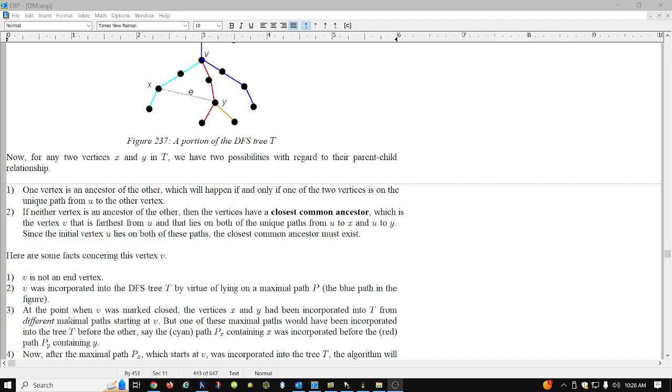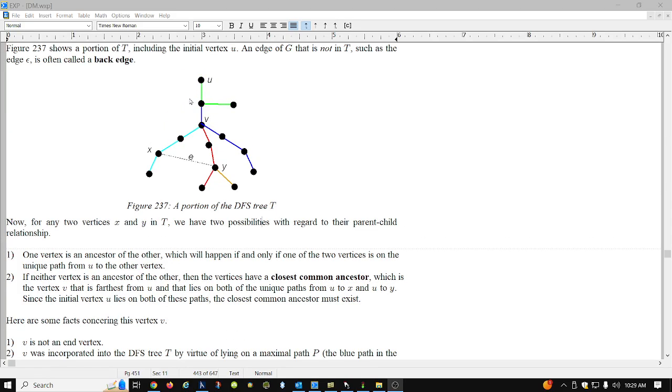At the point when V was marked closed, the vertices x and y had already been incorporated into the tree from different maximal paths starting at V.